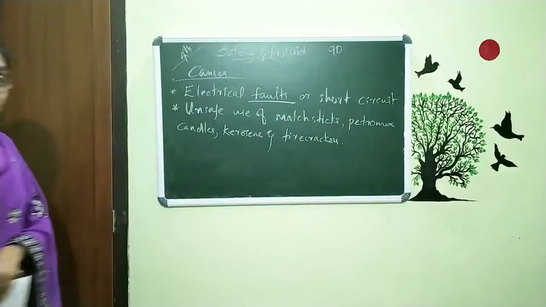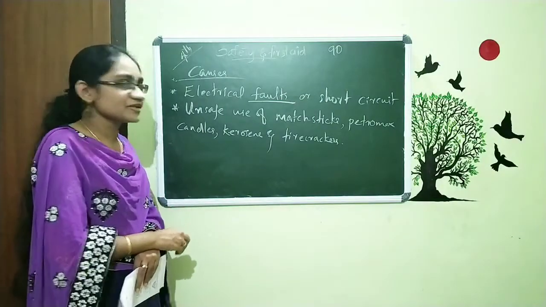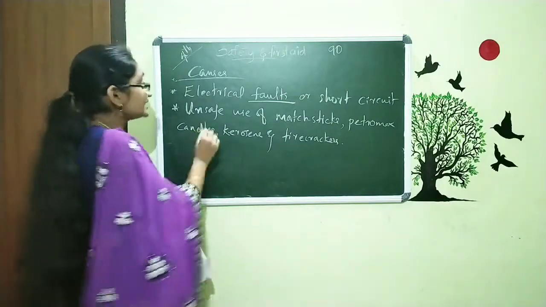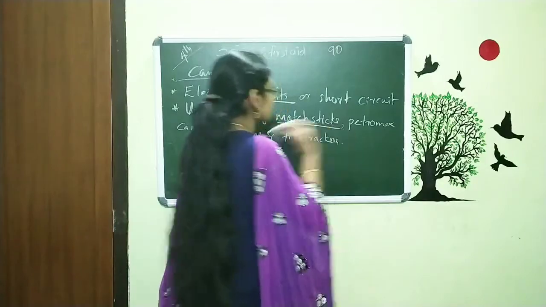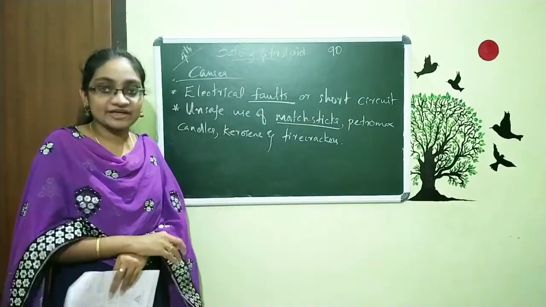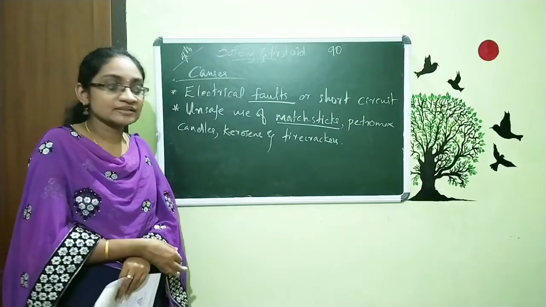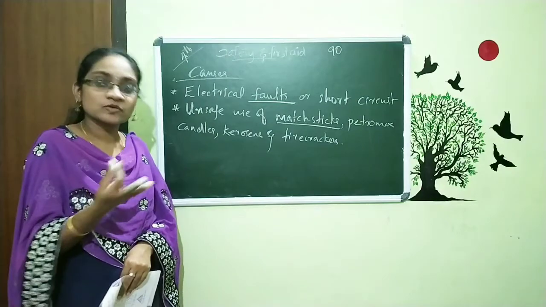So the next cause is this unsafe use. That means we are using it unsafely. Unsafe use of a matchstick, for example, I am just burning one matchstick and throwing it away. Then what happens? When it falls in some area and catches fire, that will cause danger.